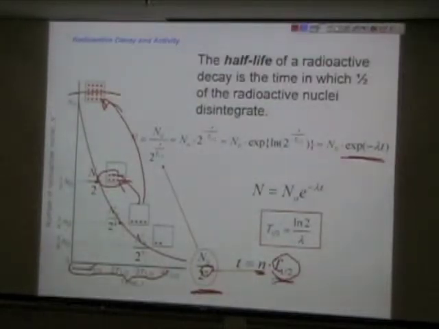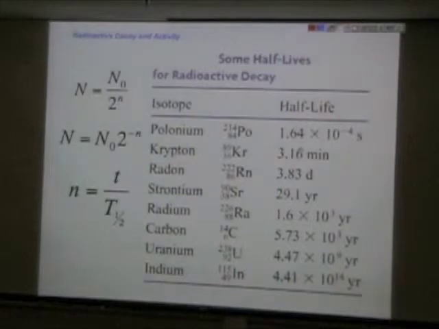Or vice versa, if we know the time, we can divide it by the number of half-lives, and that will give the value for a half-life. Well, of course, for all important elements, the half-life has been measured. It ranges from fractions of a second to billions and billions of years.